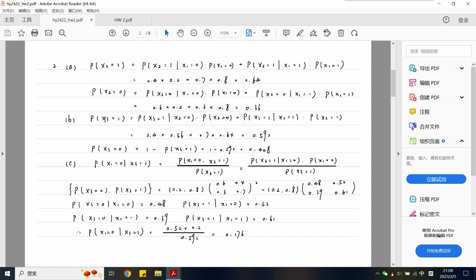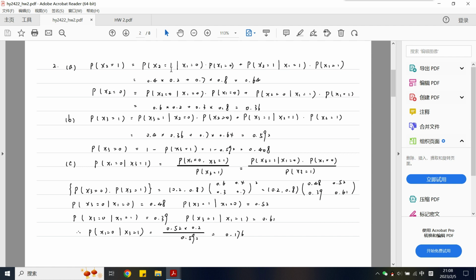For example, to find the probability that x3 is 1, we need the probability x2 is 0 times the probability x3 is 1 given that x2 is 0, and also the probability that x2 is 1 times the probability that x3 is 1 given that x2 is 1.